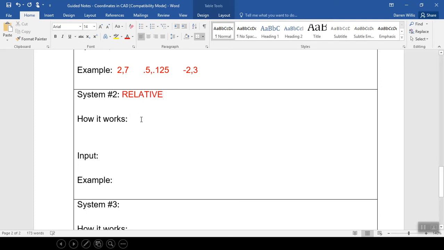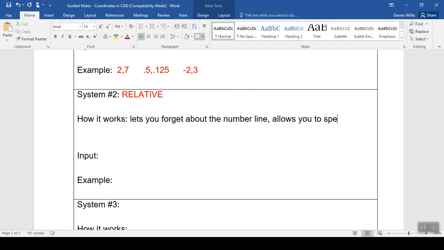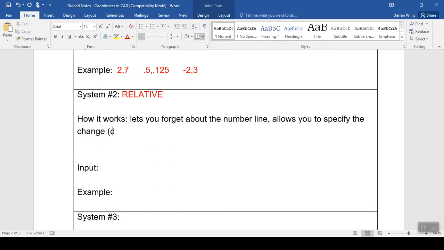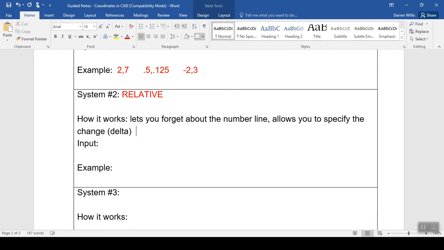How does it work? Well, you write down something that makes sense to you. For me, I think it lets you forget about the number line and allows you to specify the change, or the delta, from one point to the next.